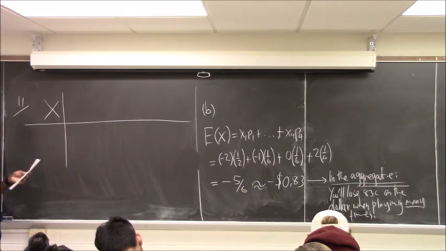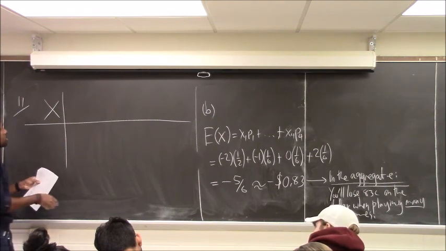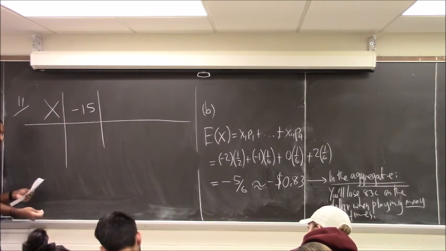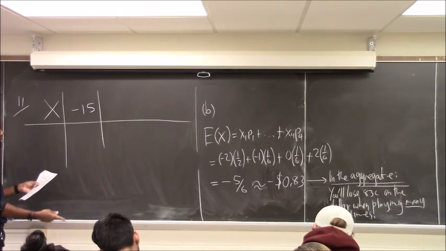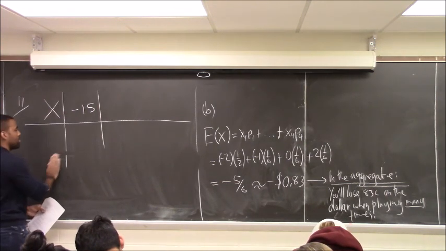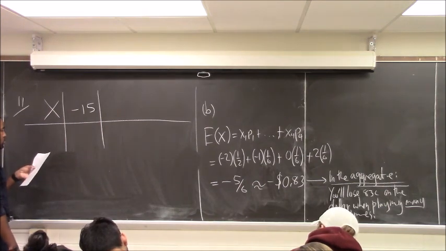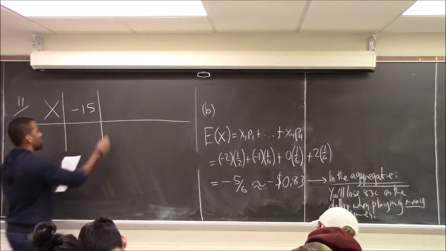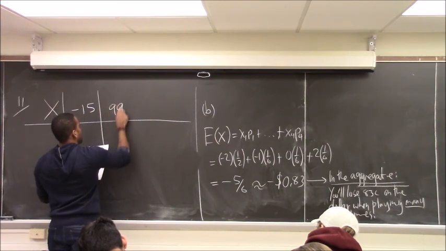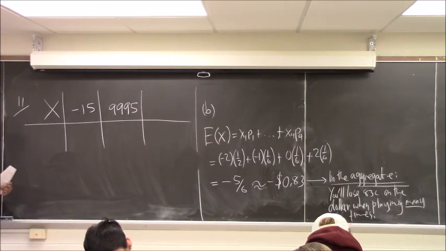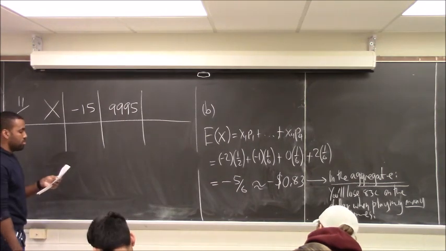We had you could either lose 15, then 9,995. So you could lose 15. Yeah. So that means you paid the $5 and you lost the additional $10. That means you come out $15 out of pocket. Then you could have 9,995, because it's the 10,000 minus the 5. So you pay $5, but you win back 1,000.